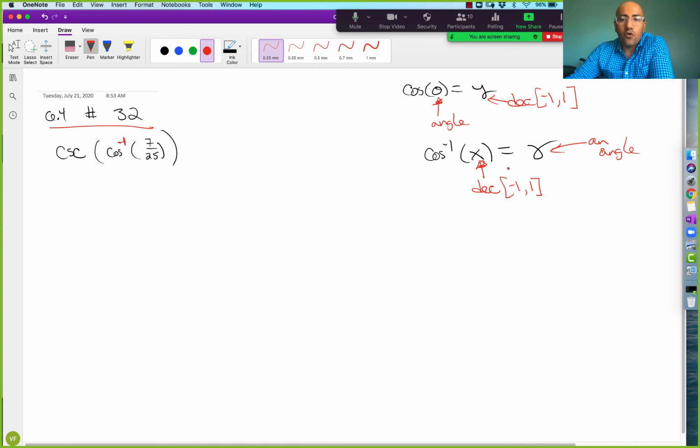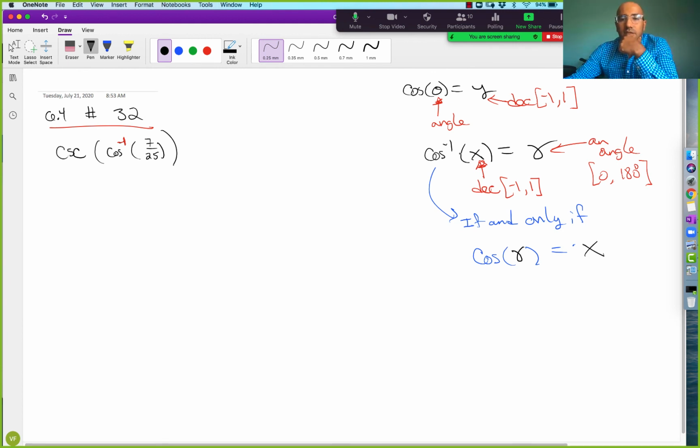Now, we had to restrict the domain of the cosine function in order for this to work. For cosine, we restrict it to be an angle between 0 and 180 degrees. For sine and for tangent, we restrict it to be an angle between -90 and +90 degrees. This is true if and only if, by definition, cosine of alpha equals x.